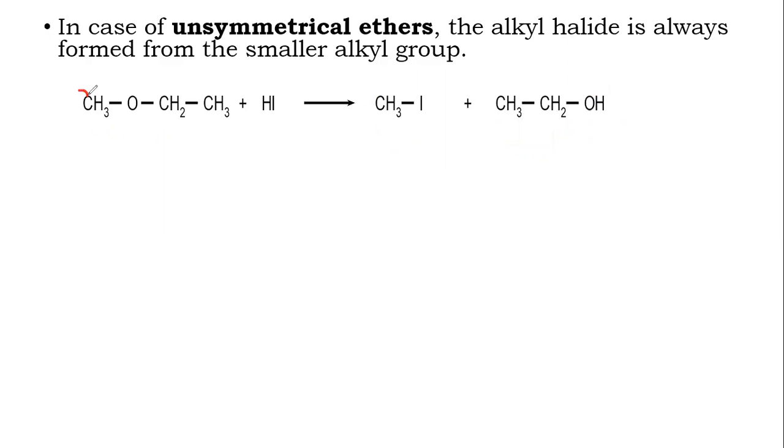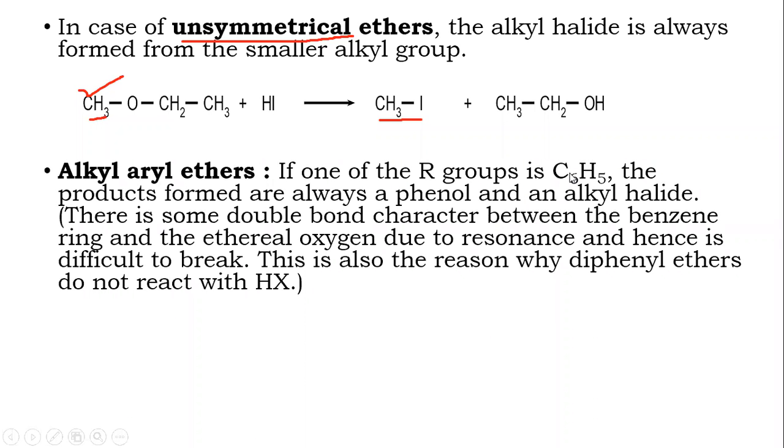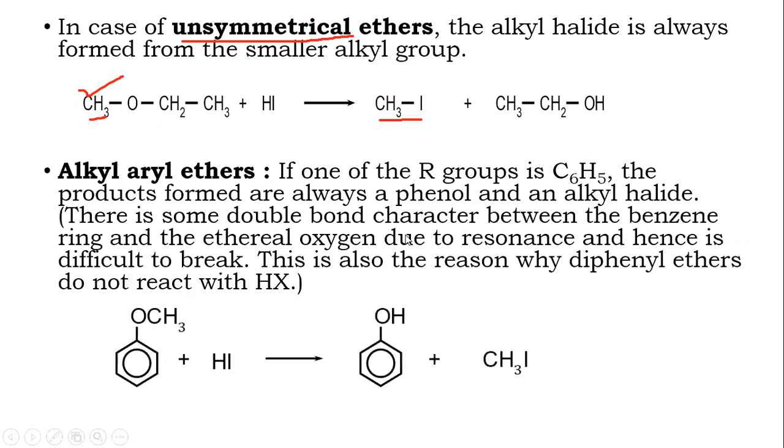So this point should be kept in mind that whenever an unsymmetrical ether reacts with hydrogen halide, the smaller part will always form the alkyl iodide. Similarly, in the case of an alkyl aryl ether like anisole, this is anisole.